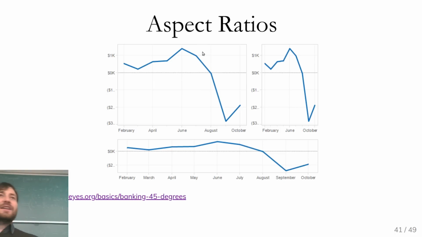And so you could have methods to make sure that you have an aspect ratio so most of the lines are close to 45 degrees. Turns out 20 years later or something, there were actually issues in their methods, and maybe the study is not as clear as they said it was, but possibly banking to 45 degrees might still be a good idea. That would probably give you something more like the top left. In general, it depends a lot on what you want to show with your data.